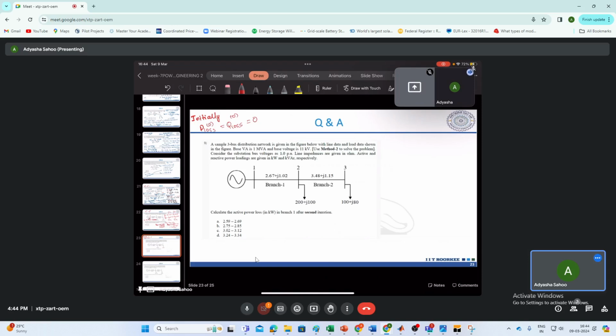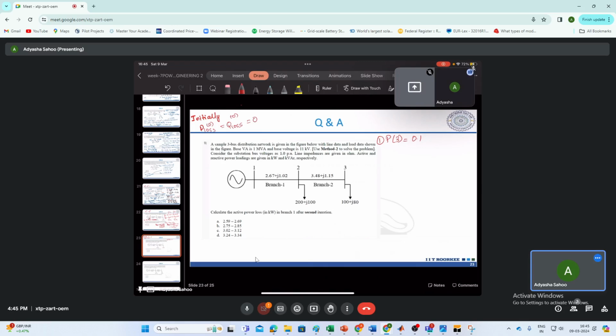So from here what we will do, first we will calculate this P2 and Q2, right? So if loss is 0, P3 total will be load, that is here 100, or if I convert into per unit it will be 0.1, plus no losses ahead of this line, right? So only 0.1.